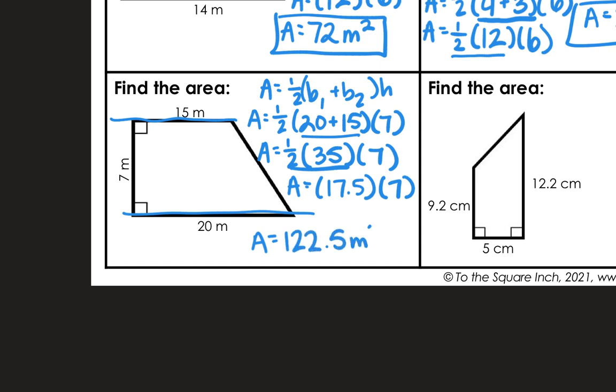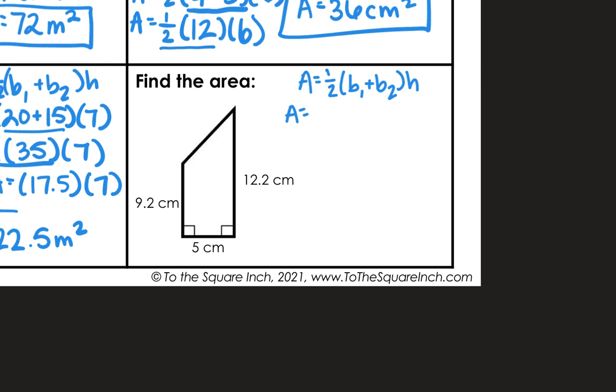122.5 meters squared. And then our last one here, if you'll notice, our trapezoid is turned on its side because our parallel lines are now going up and down. So we're still starting with 1/2. Our bases are parallel lines, so it's going to be 9.2 plus 12.2 times our height, which is 5. From there, we still need to do what's inside of our parentheses first.